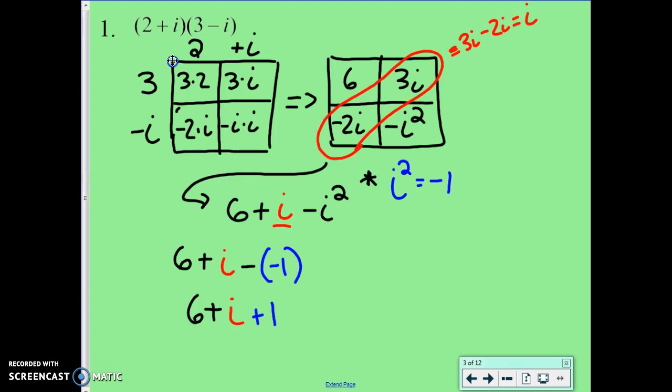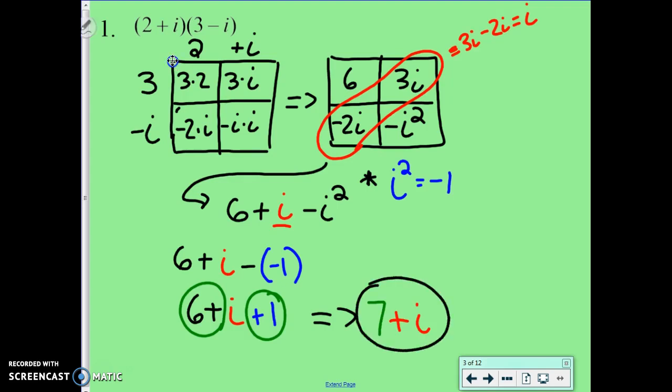If I subtract the -1, it becomes a +1. These now are like terms, and I can add these together, and my answer, therefore, is 7 plus i. And that is 2 plus i times 3 minus i multiplied together. Ends up 7 plus i.